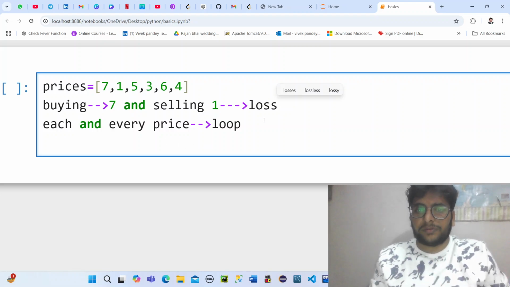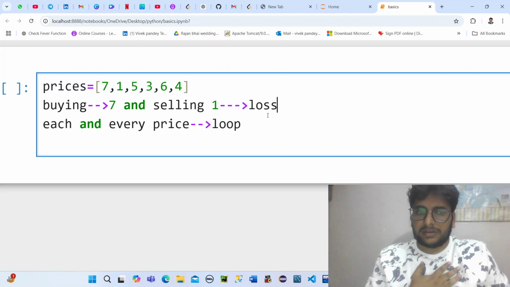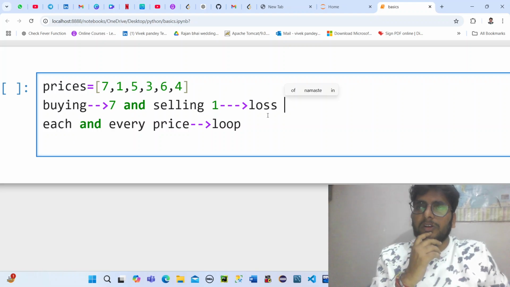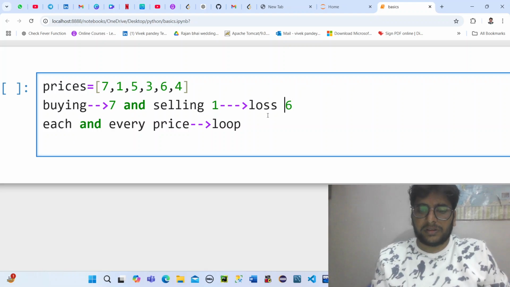It's a simple funda. I purchased for 7 and I'm selling for 1 rupee, so obviously it is a loss of 6 rupees. Yes, this is a loss.